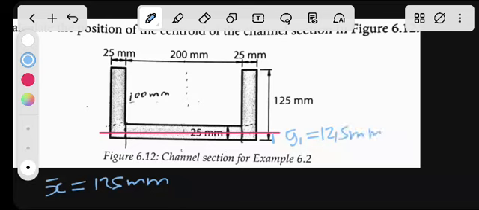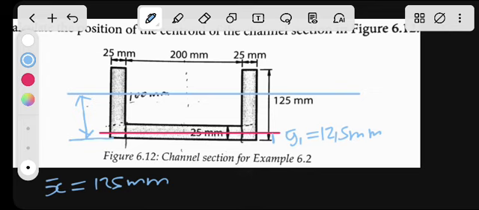Then you go again to this one, but they're identical. 1 and 2 are the same thing. We go to the middle there. If I cut there in the middle, I want this distance from the bottom surface till the center here.